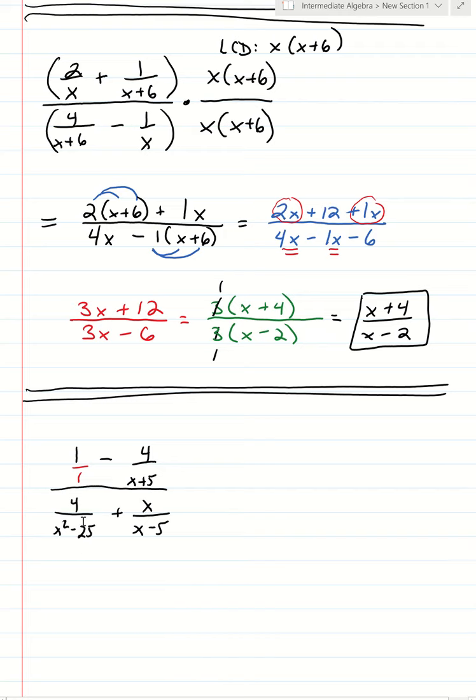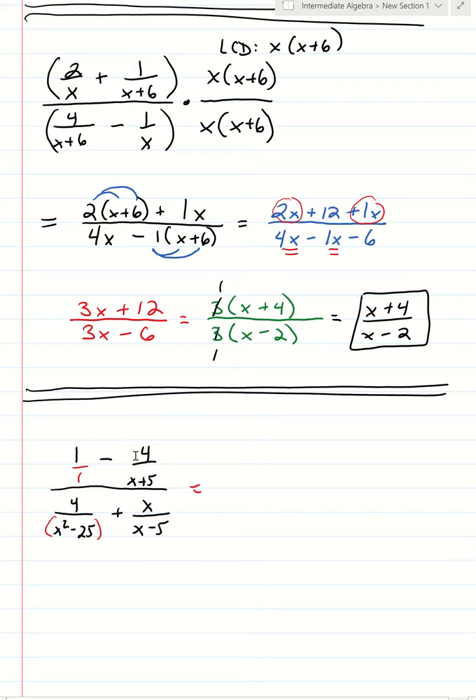Now, that should sound familiar. This x squared minus 25 polynomial can be factored. And if we have something that is factorable, you want to factor first, because that will help you identify the lowest common denominator.